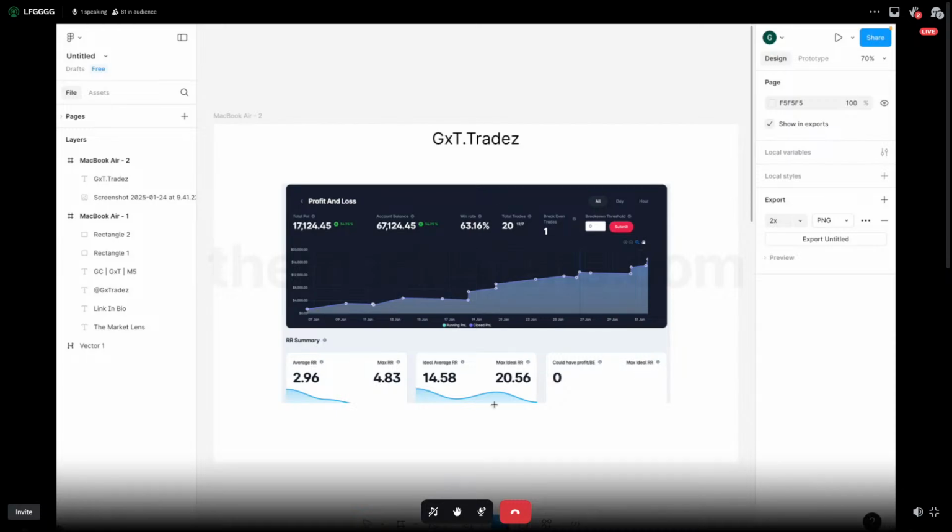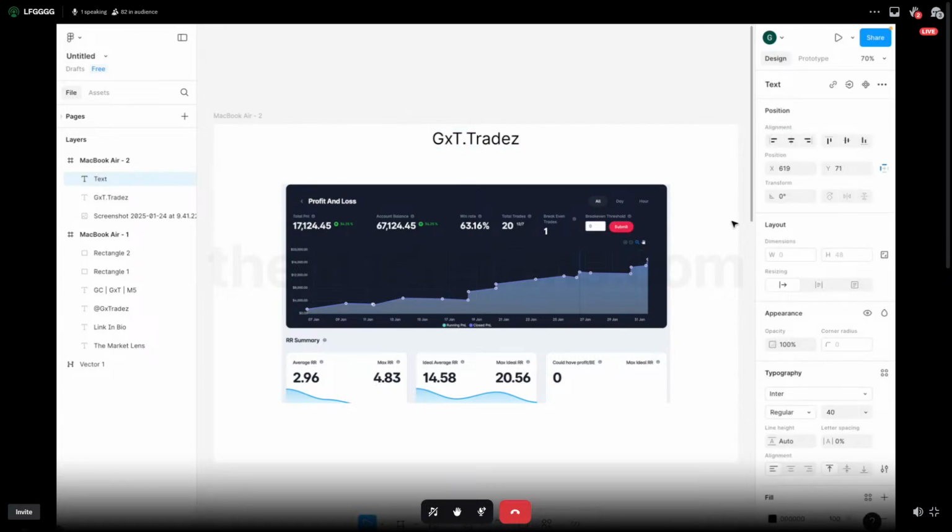But then I like to put at the bottom, below this, the time frame. So I'm going to put the asset first. So go GC. You could put, let's say this is the hourly time frame, London reversal, and then you could do the time frame H1.